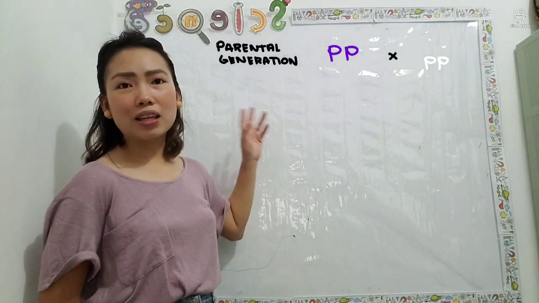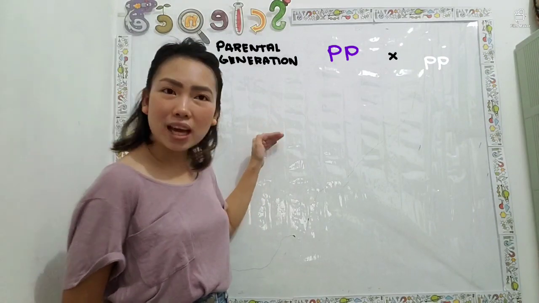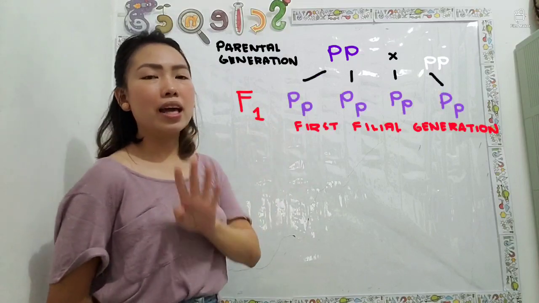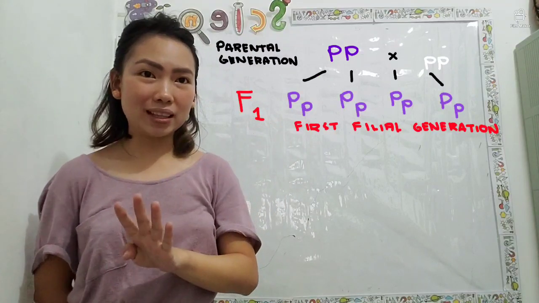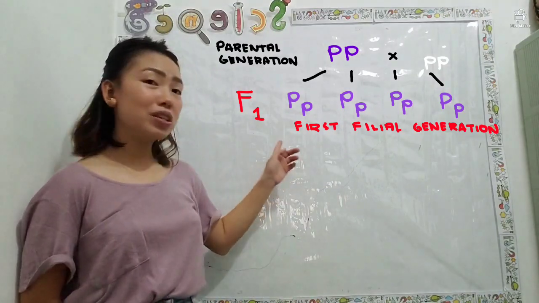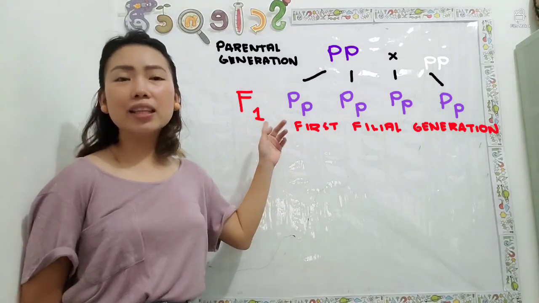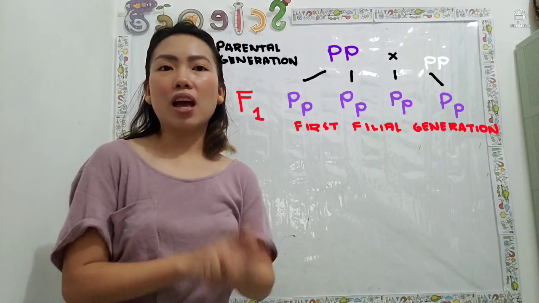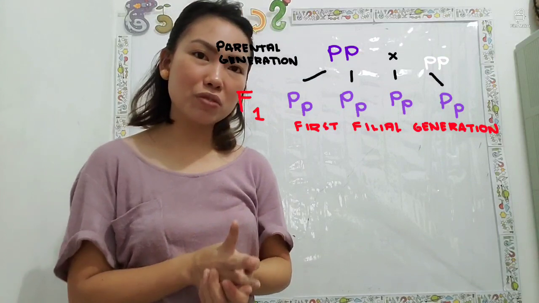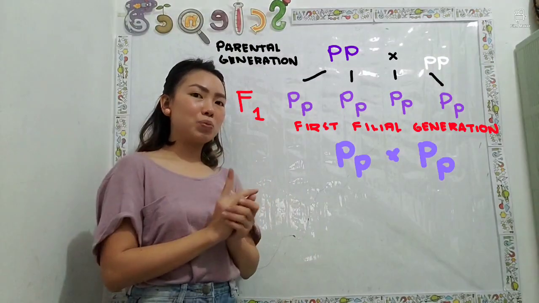Kinrossbreed natin si parental generation. Nung kinrossbreed natin silang dalawa, anong na-produce natin? 4 na heterozygous dominant. Yung 4 na heterozygous dominant now is our first filial generation. Then, tinry natin ulit na i-crossbreed ang galing sa dalawang first filial generation, which is a capital P and small letter p.